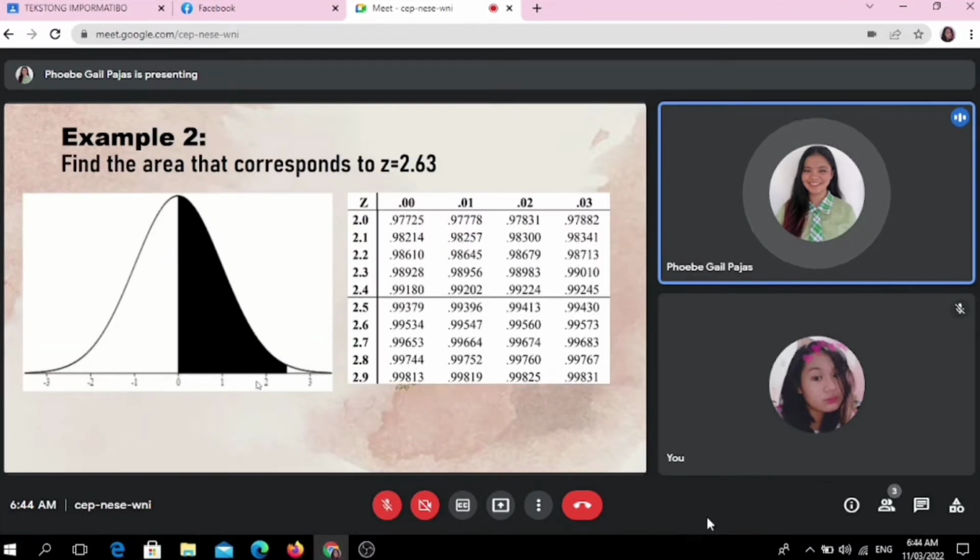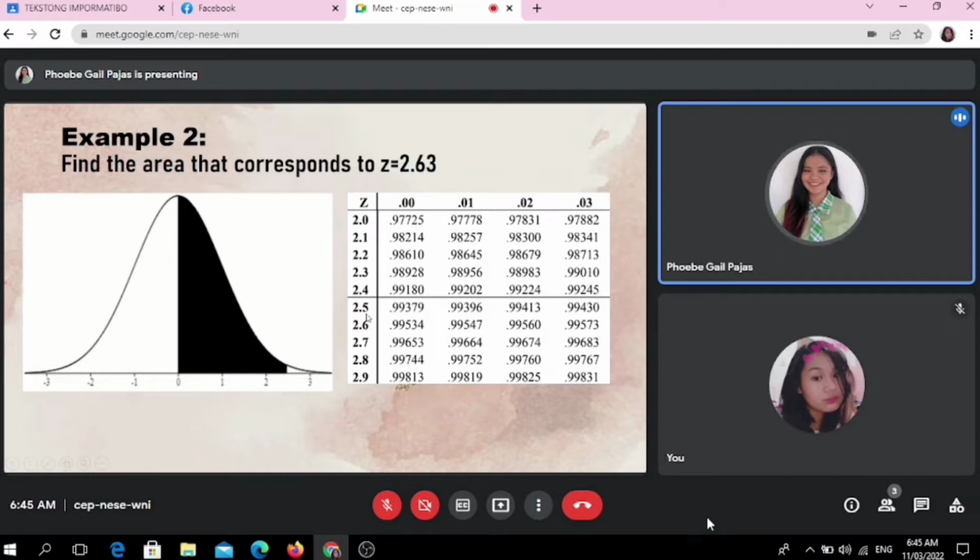Another example. Find the area that corresponds to z = 2.63. So, here we have a decimal. First, we will look at the whole number, which is 2. Then, we will look at the first decimal place, which is 6. And then we will look here.